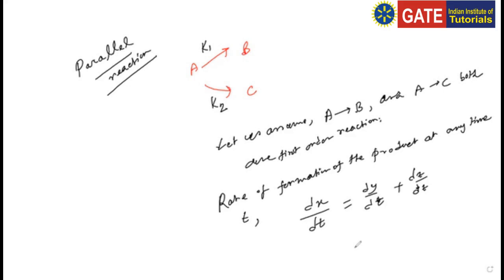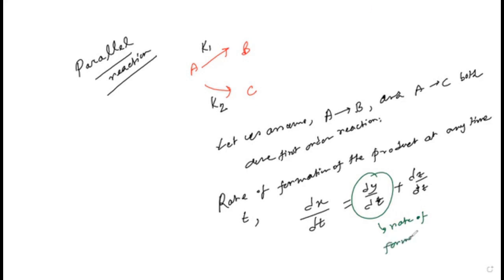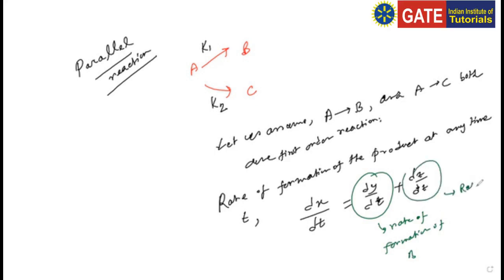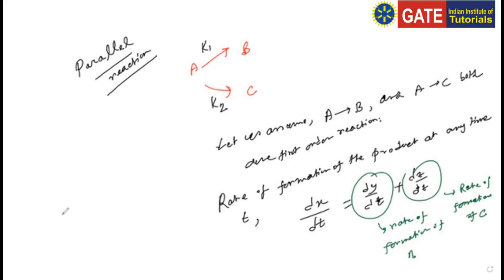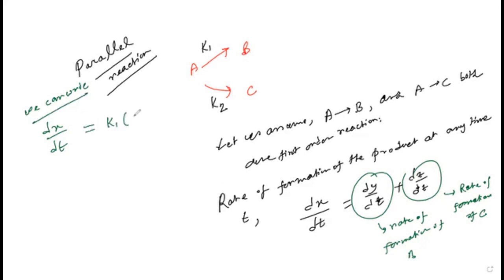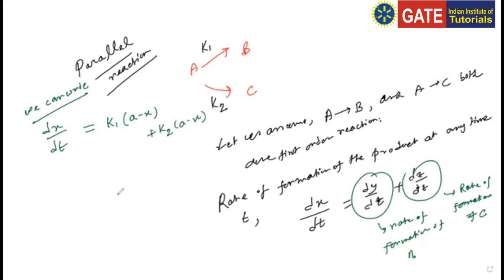This is nothing but the rate of formation of B, this is nothing but the rate of formation of C. We can also write dx by dt is equal to k1 into (a minus x) plus k2 into x.